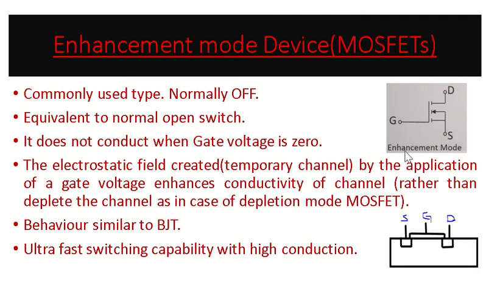The diagram we are seeing is the enhancement mode symbol. As I said in the previous session, here is a shortcut trick to identify, if someone gives the circuit symbol for a MOSFET, whether the given symbol is an enhancement mode or a depletion mode device.